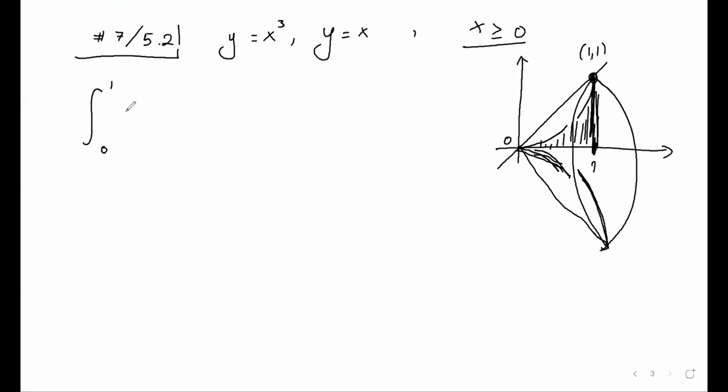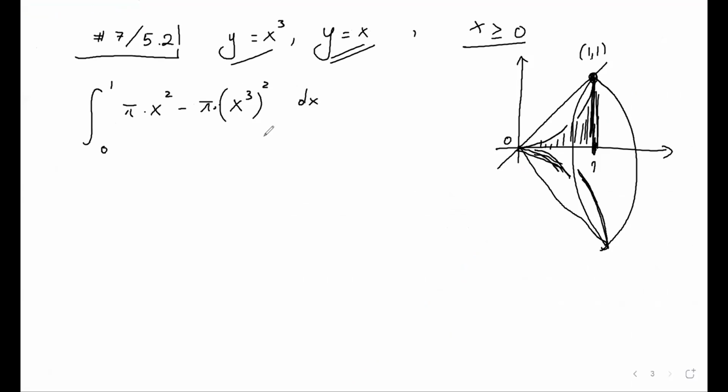So the outside volume is pi times the outside curve, which was this one, x squared, minus pi times, and then the inside volume will be x cubed squared. So that's going to be dx. That is the situation there.